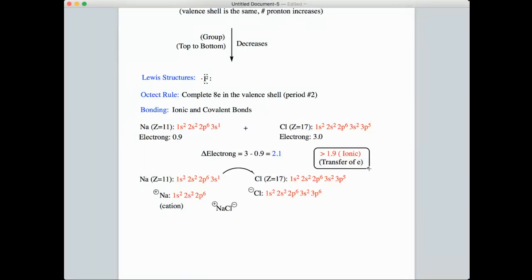It's the strongest of all of them because you have full electrical charge here. That's why if you try to melt sodium chloride at home, it's going to be quite impossible, because the forces of attraction between the negative and positive charges are very strong. It will require a lot of energy to break this down.